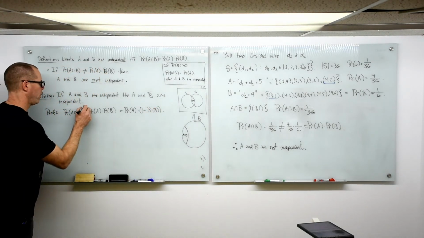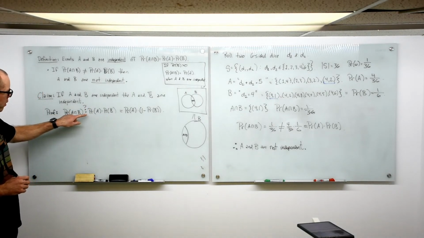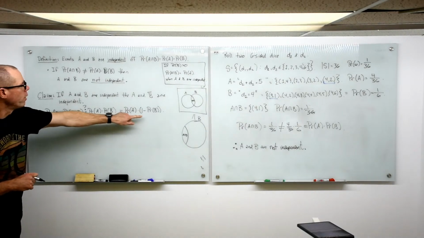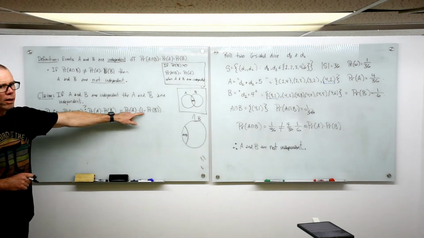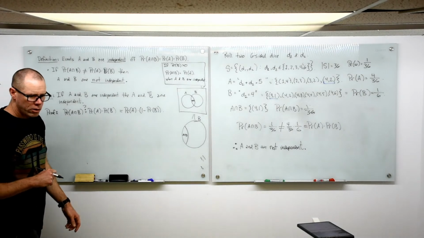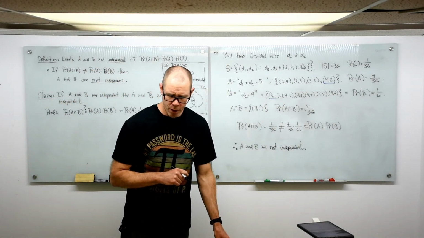So for the proof, you need to show that this is true. This is the thing that you need to prove, the thing that I put the question mark over. This part is just the complement rule. So you need to show that the left-hand side is equal to the right-hand side here. And to do that, you just fool around.